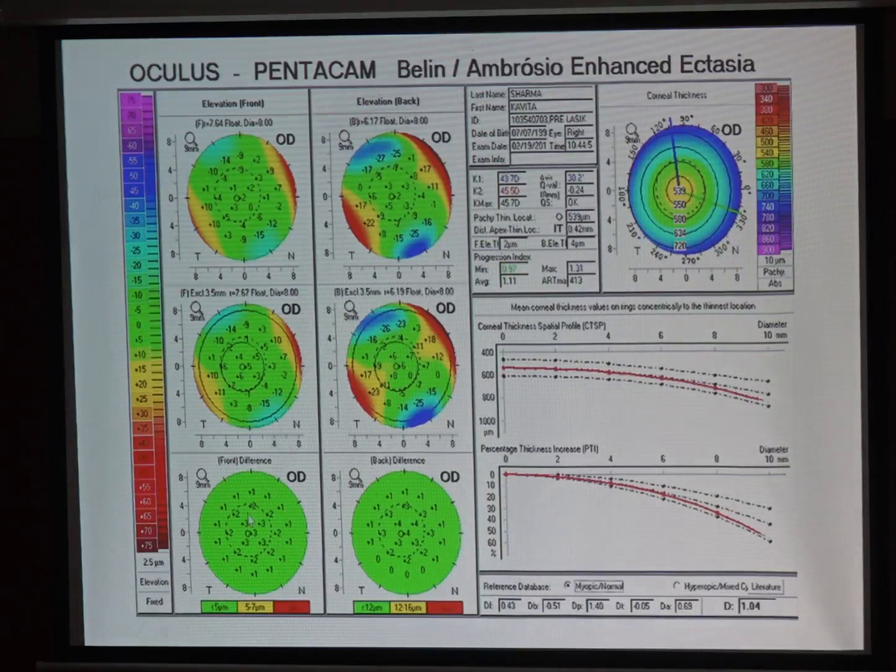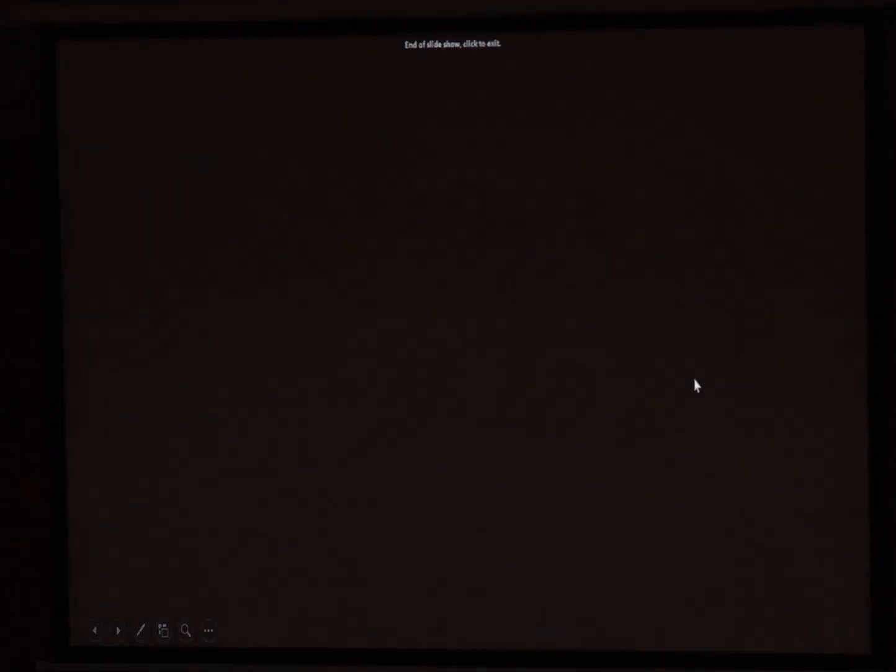So this is for a normal cornea, so everything is green in color, but if anything suspicious was there, then it will show in either yellow or red color, which I think will be discussed in the further presentations. And this is again for the normal maps. So you can see that the red line, which is the patient's data, is coming in between the plus minus 2 standard deviation. Thank you.